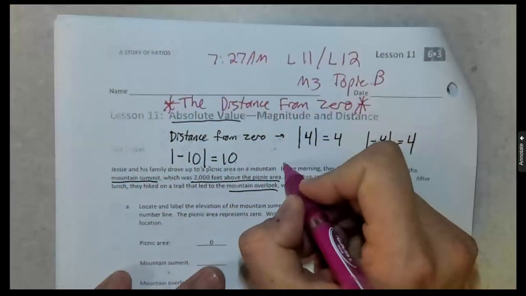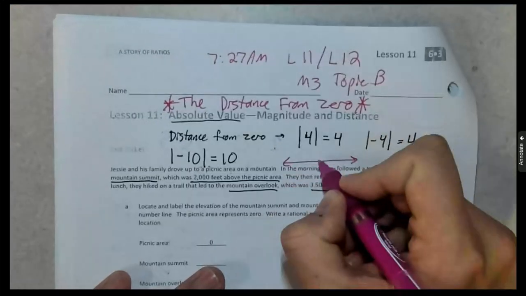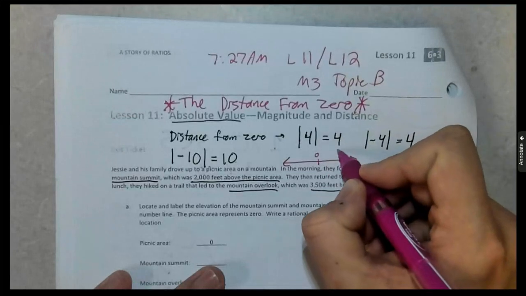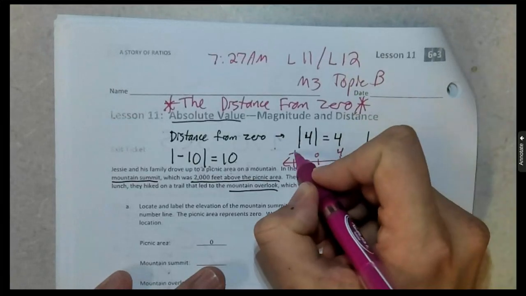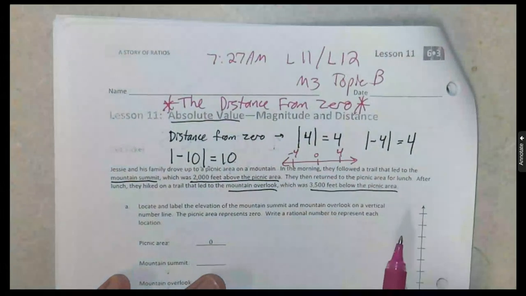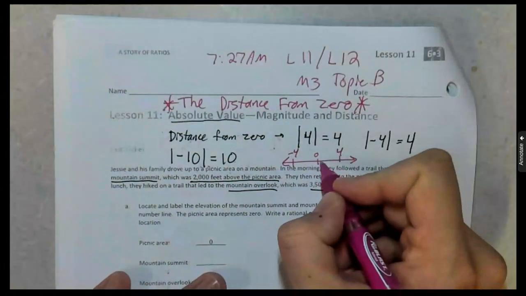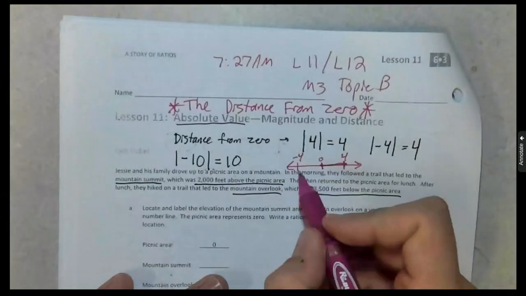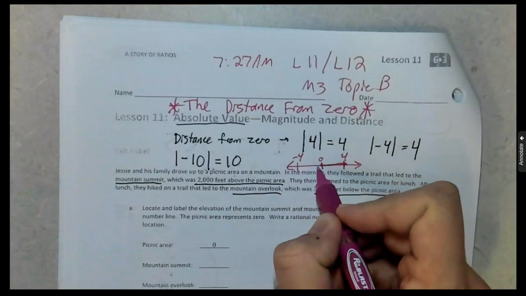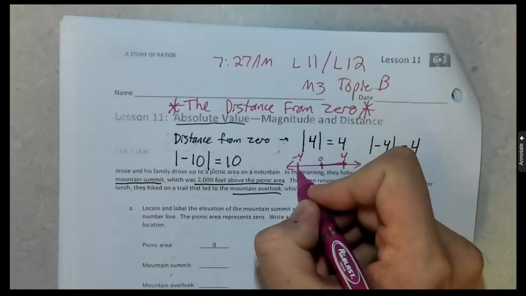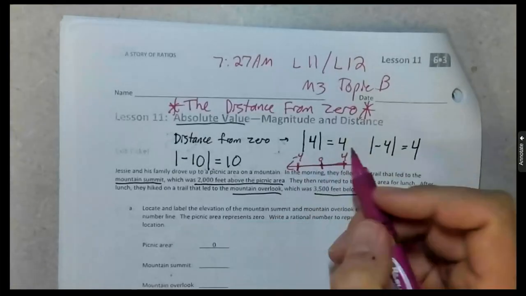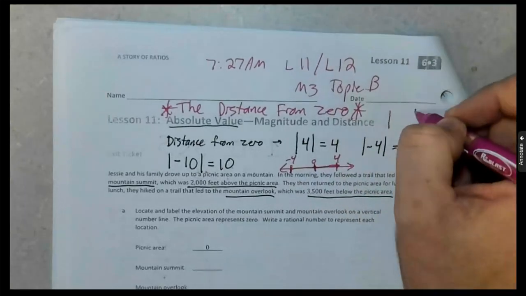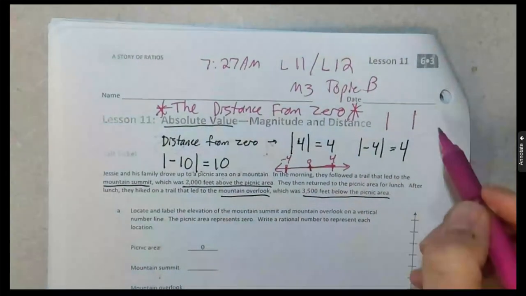So if we have a number line here, here's 0, here's 4, here's its opposite, -4. The distance from 0 to 4 is 4, right? The distance from -4 to 0 is still 4. That's why you see these two lines.